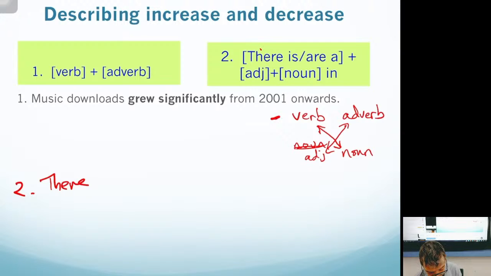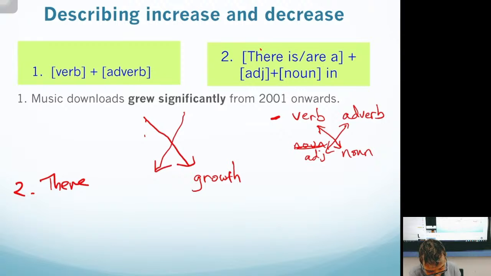So change verb to noun. Verb goes to noun. So can you remember the noun for grow? We've got grow and grew, and the noun for that is growth.